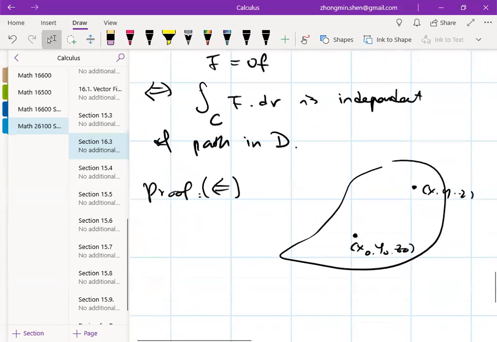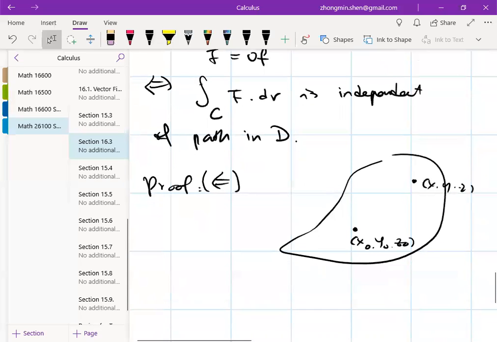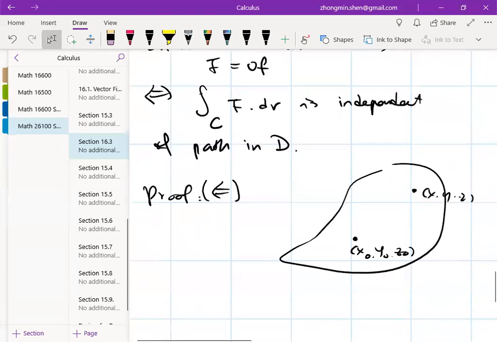Remember, if such f exists, then this line integral gives you the difference of the values of the two functions. Of course, such f is not unique, but they differ by a constant. This is fixed, and that is the arbitrary point.